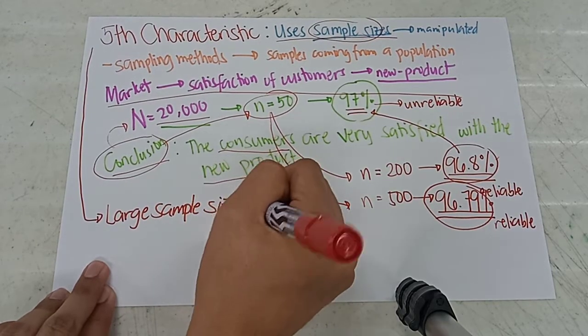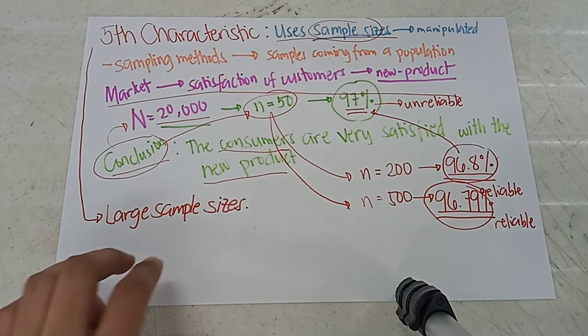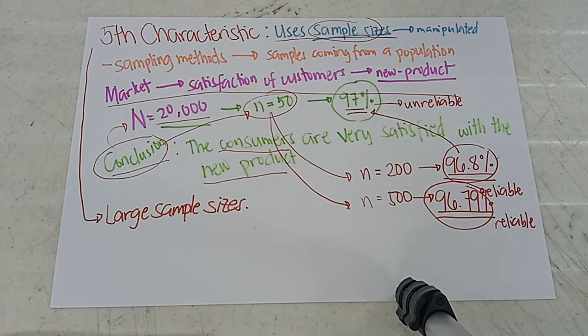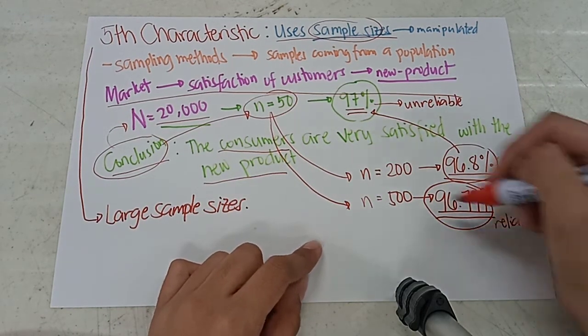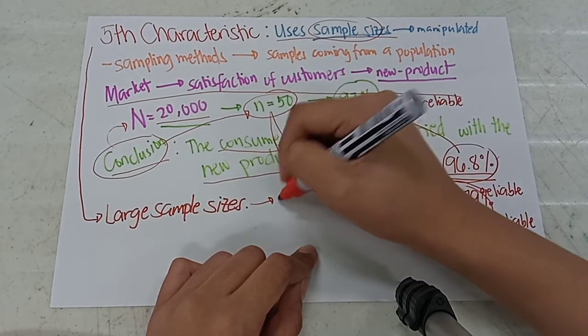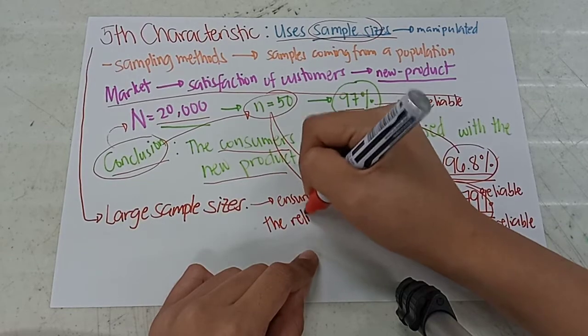That is the fifth characteristic of quantitative research, in which these large sample sizes will ensure the reliability of data analysis.